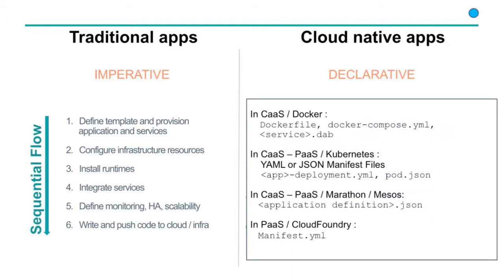This is implemented using a declarative model. You can see it in all the container-as-a-service or platform-as-a-service implementations we are using today. Docker, Kubernetes, Cloud Foundry, name it, all use the concept of manifest files where these dependencies are defined, letting the platform automatically scale as required.